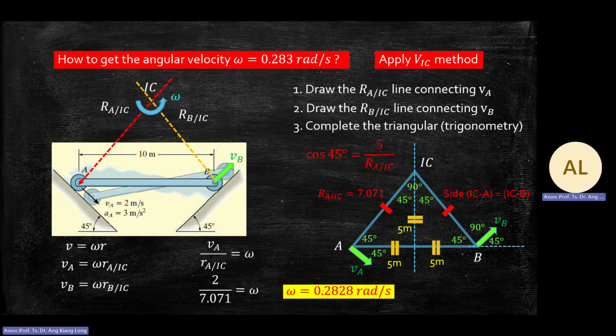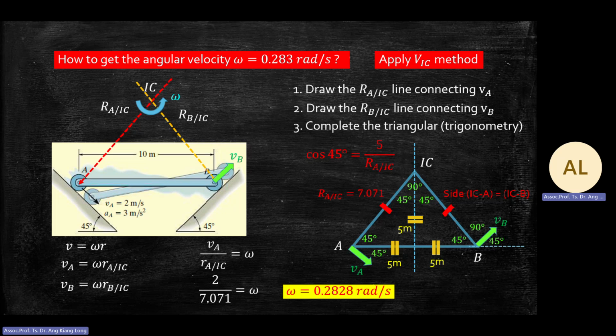If you have 45, 45, you know that the balance here is 90 degree, and you can split the circle into half. Once you have 45, 45, it means you have the same length on both sides, a right angled triangle. Then you can calculate according to your trigonometry formula.